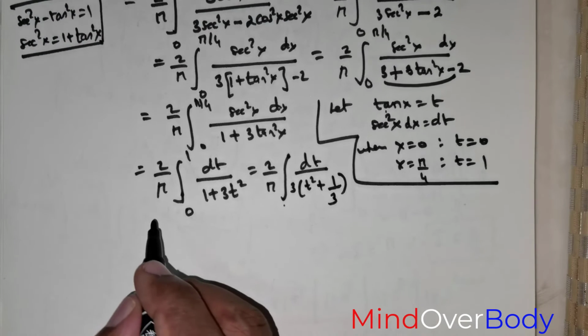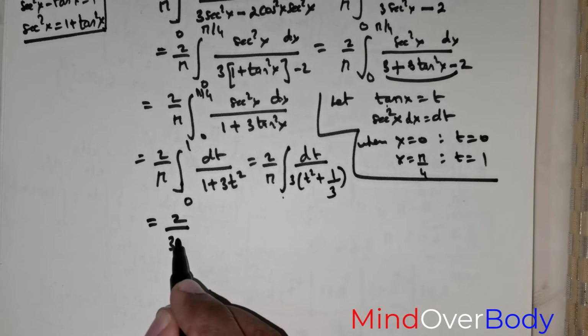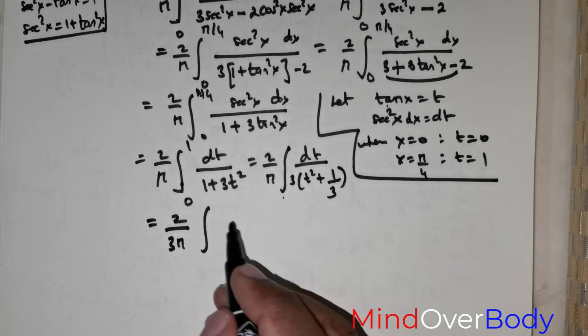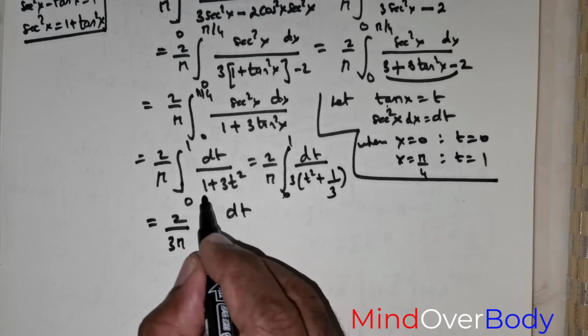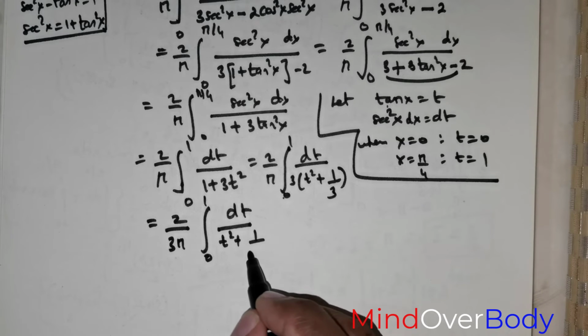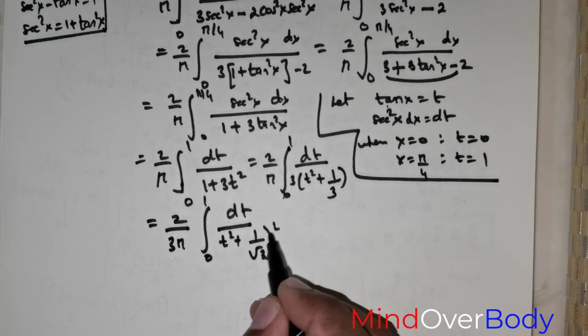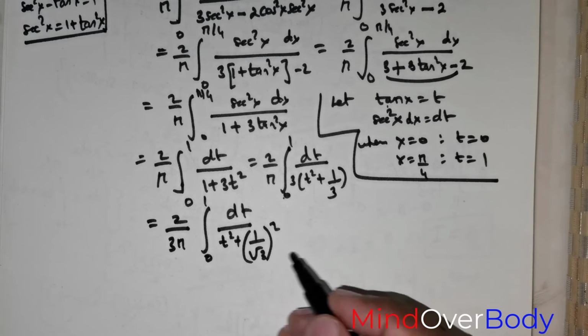Now let me rewrite this as follows: 2 over 3 times pi, the integral of dt over the limits 0 to 1, divided by t squared plus (1 over root 3) raised to the power of 2. I can rewrite 1 over 3 as 1 over root 3 raised to the power of 2.